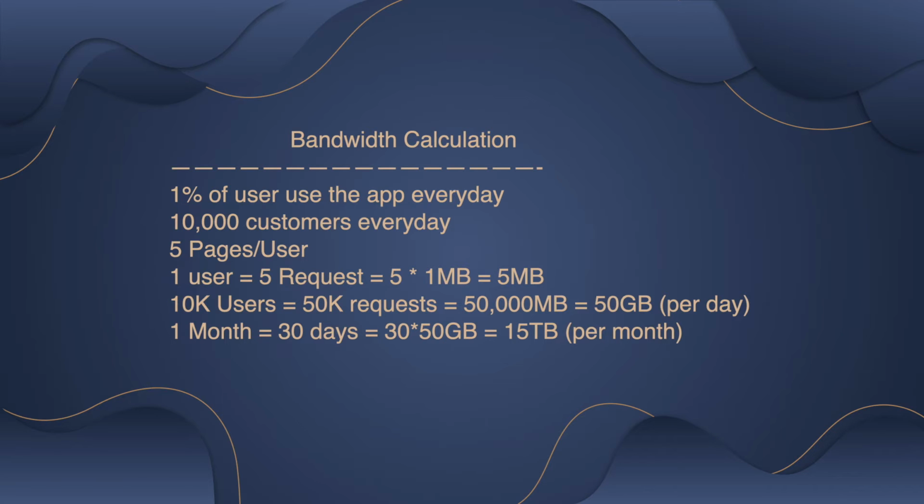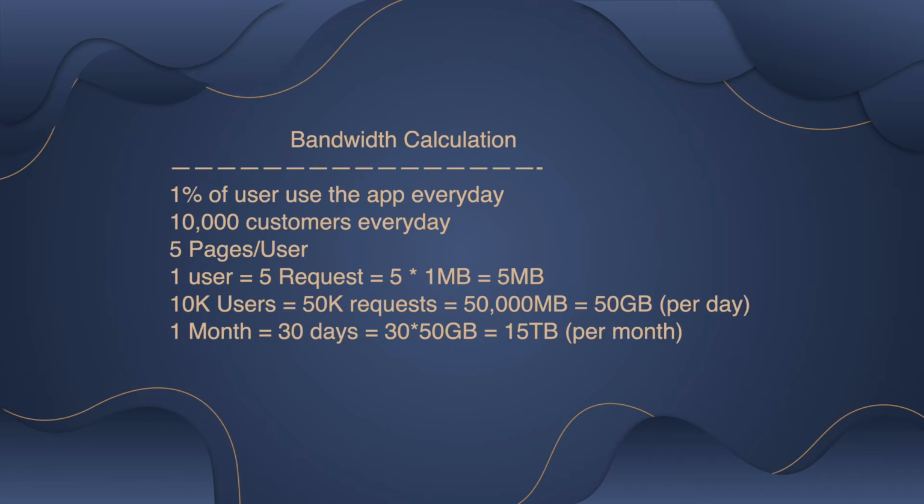Now let's have a look at the bandwidth calculation. Let's say 1% of total users use the app every day. Our total user is 1 million, so 1% of total users means 10,000 customers use our app every day. And let's say one customer uses 5 pages or makes 5 requests to see different images.